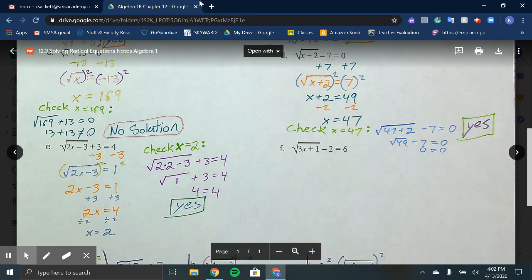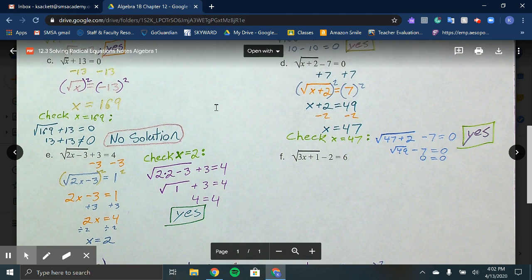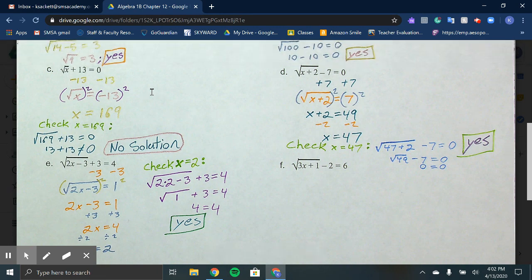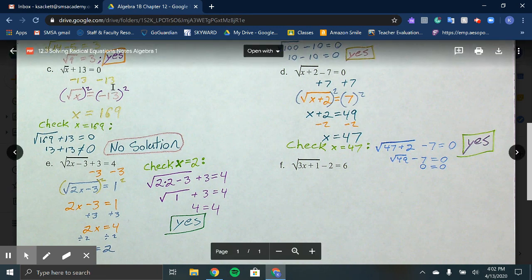So if we look at C, we have the square root of x plus 13 equals 0. First, we need to get the radical alone, so subtract 13 from each side. Square root of x equals a negative 13. Then we have to square both sides, and x would equal 169.